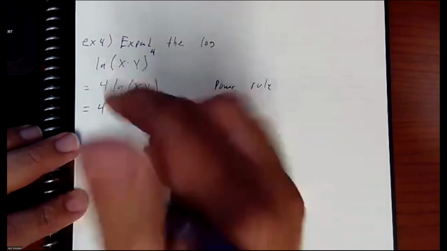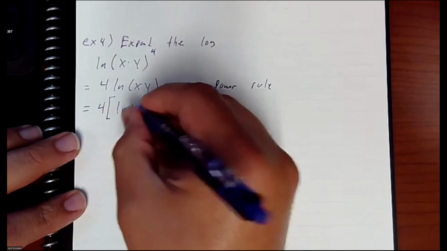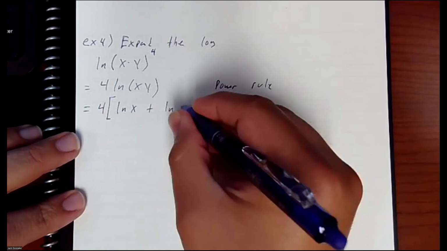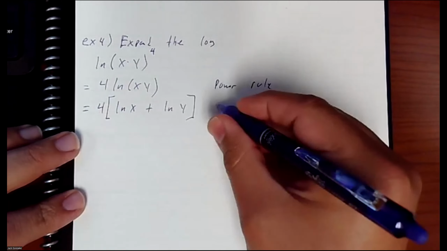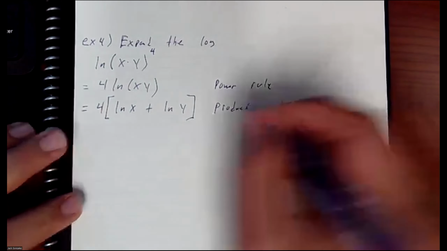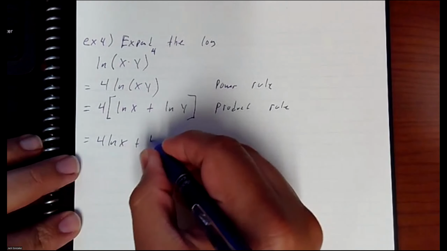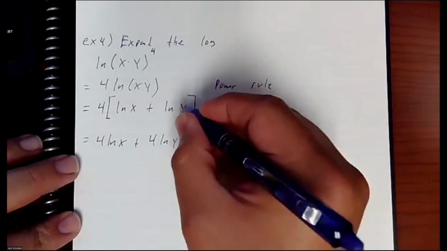X times y. So that will be ln x plus ln y. So this is the product rule. At this point, we're pretty much done. I guess you could multiply it by 4 or leave it that way. Well, it's all good.